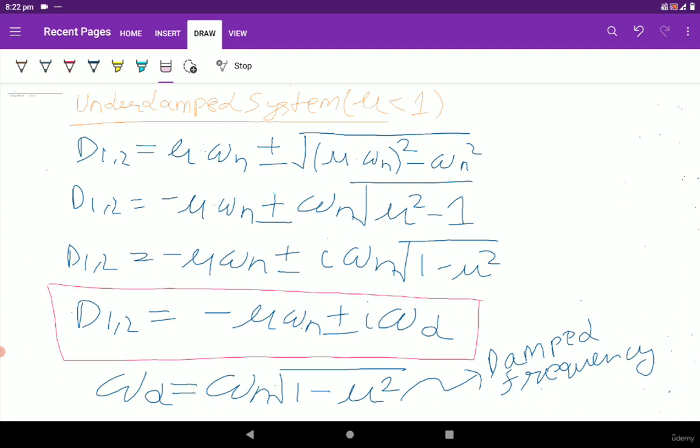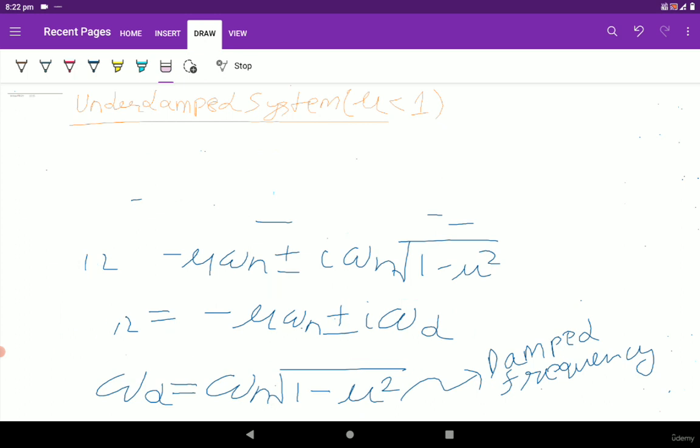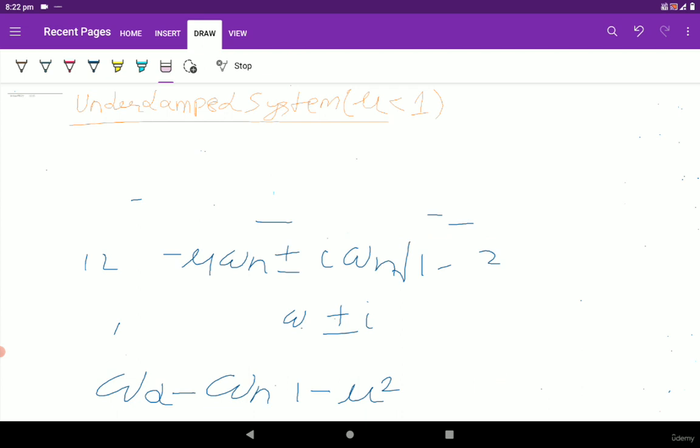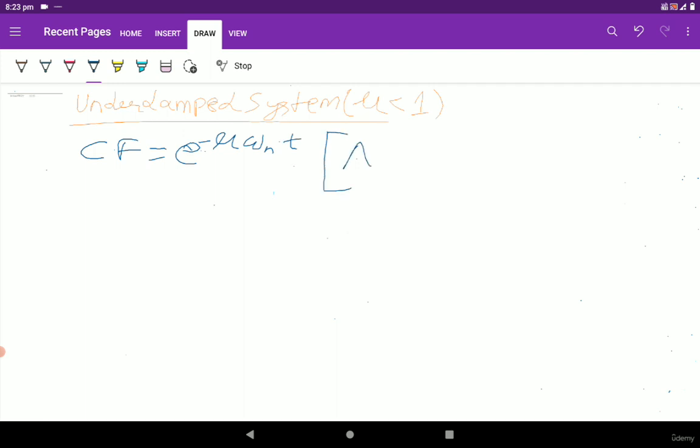The complementary function is exponential of minus damping factor omega n t multiplied by a cos omega d t plus b sine omega d t.